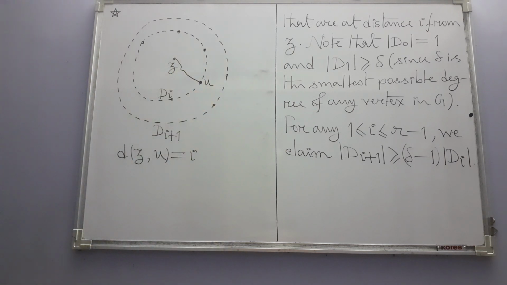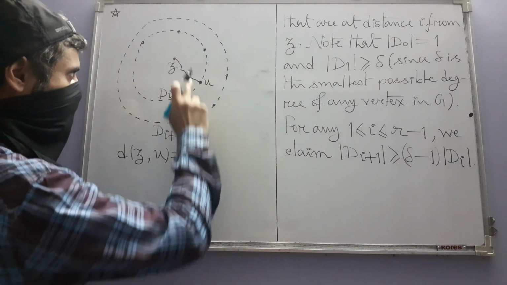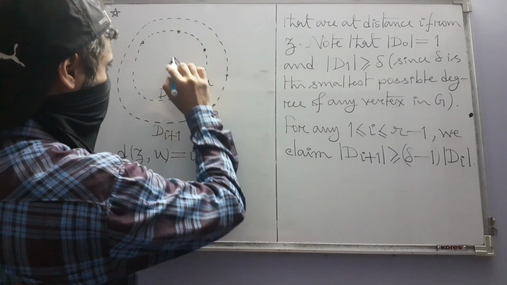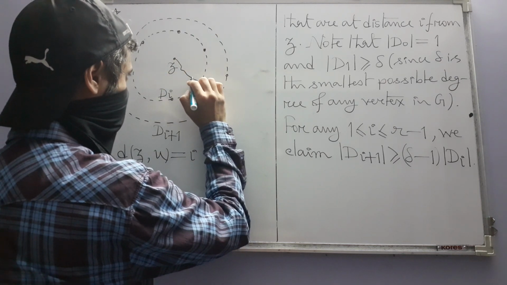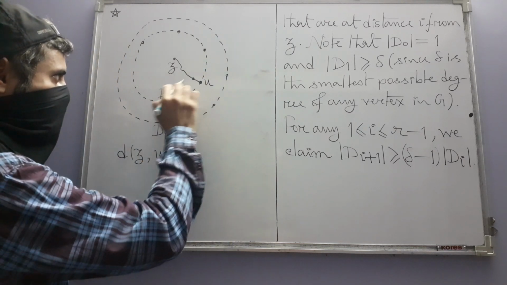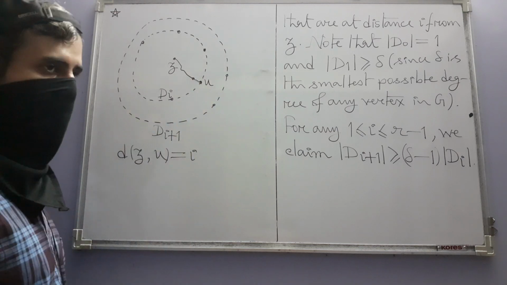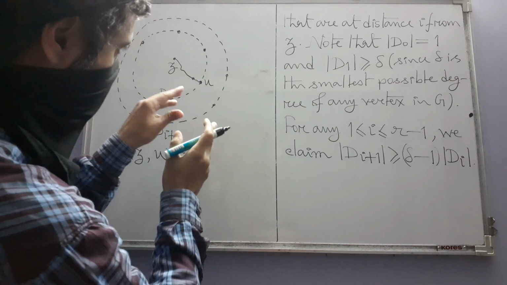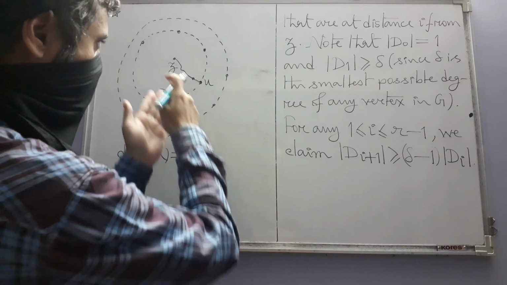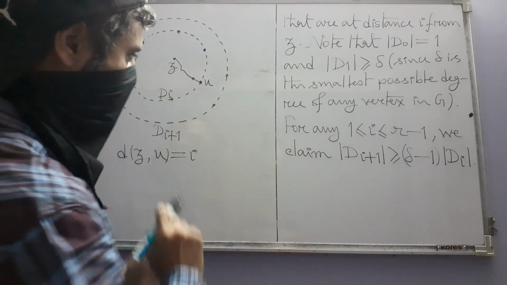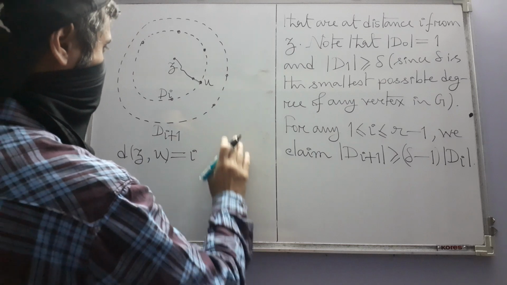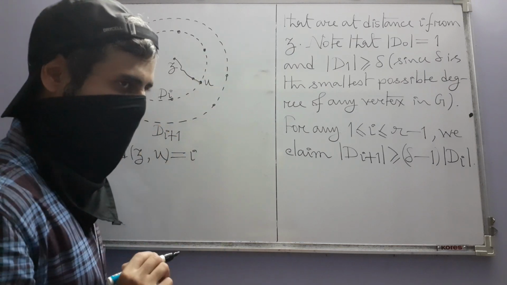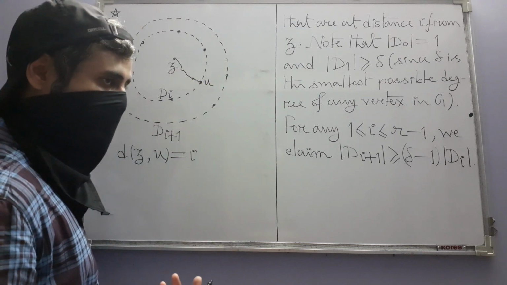Some path is there of minimum possible length that joins Z and U, and such that the length of this path is equal to I. And this path will have a vertex at the I minus 1th level that is adjacent to U. So that means the vertex U will have its own degree, which equals the number of edges incident on U. So already this edge is contributing 1 to that degree, but there are others also likely.